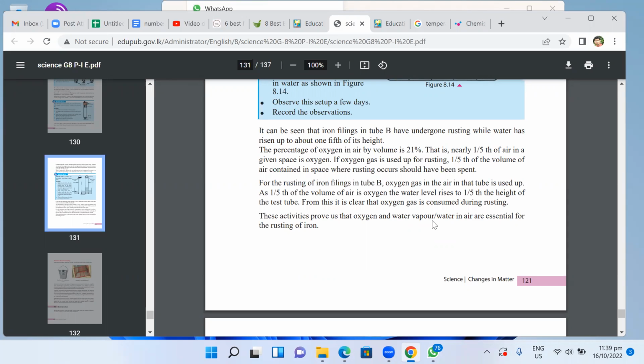The next thing is you can remove the moisture, but again, in the real environment, moisture will be more or less there. Therefore, the third thing is we can stop the contact.